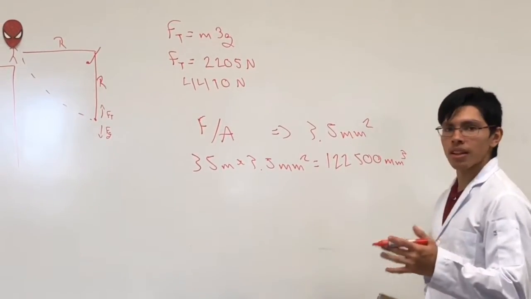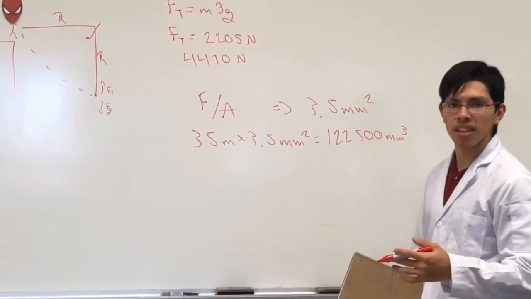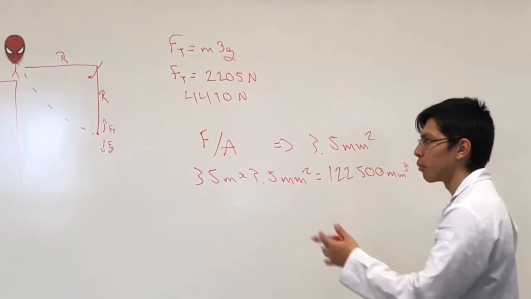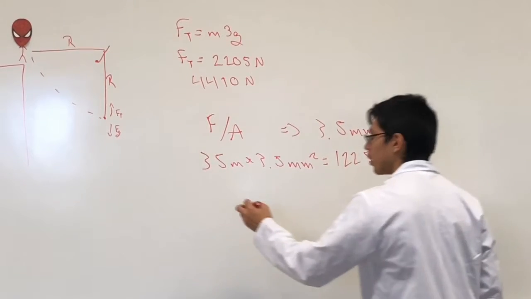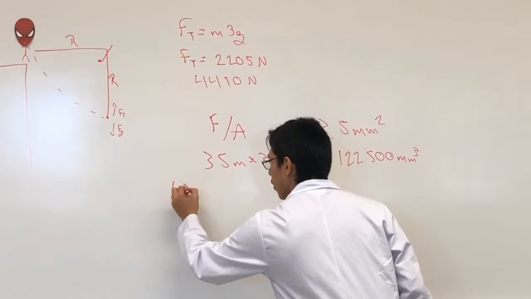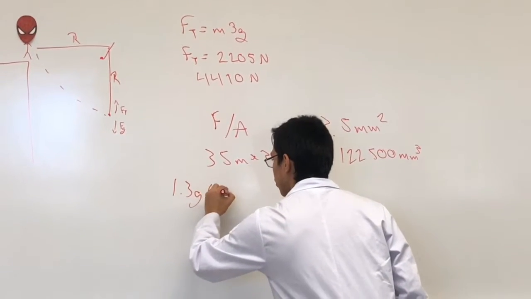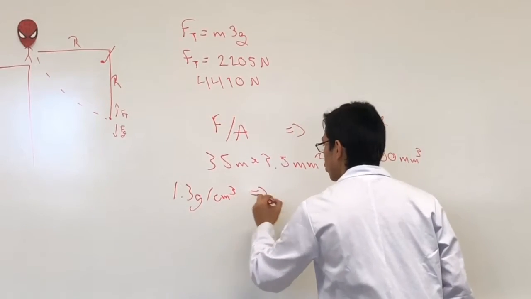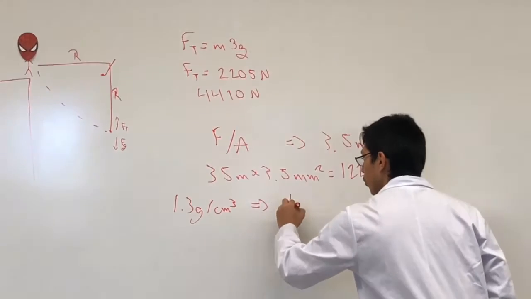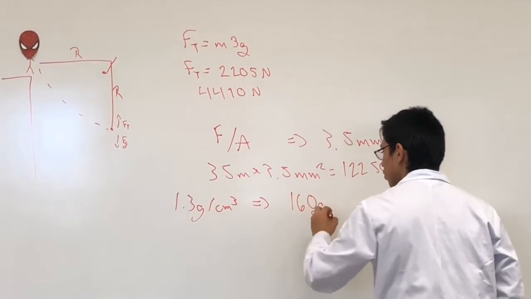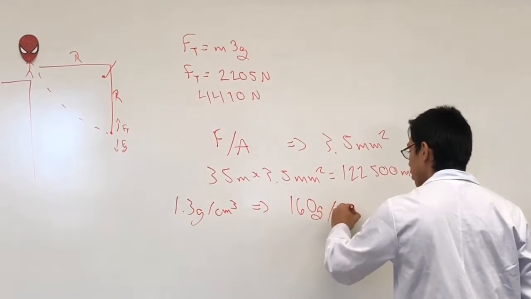Alright, so let's say that the web fluid has around the same density as spider silk, which is a similar material to webs in real life. So they have a density of around 1.3 grams per centimeter cubed. If we were to weigh the volume of this, we'd find that it's around 160 grams, so 160 grams per web.